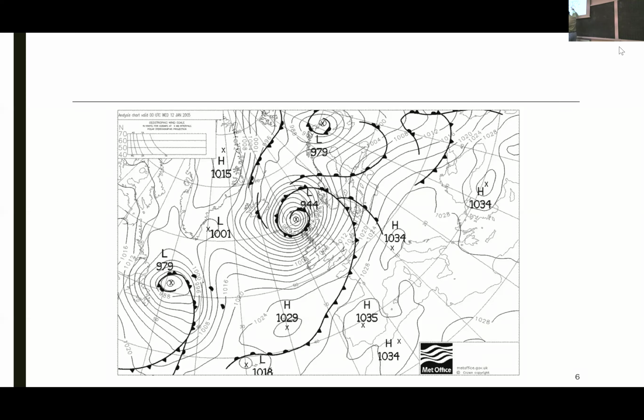So very packed isobars indicate that you have very large changes of pressure over very small distance. And winds are driven by pressure gradients. So consequently, you get very high wind speeds in and around the center of these extratropical cyclones. One more time, you can see it because the pressure lines are so close together, which means pressure gradients are high, which means pressure gradient force is high, and that is what drives winds, okay?